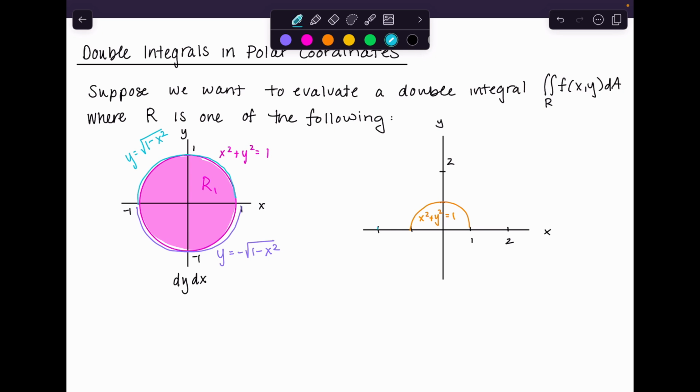And then we've got the other semicircle of radius 2. Not perfect, but that's okay. So this would be x squared plus y squared equals 4. And maybe the region I'm integrating over is the area between these two.